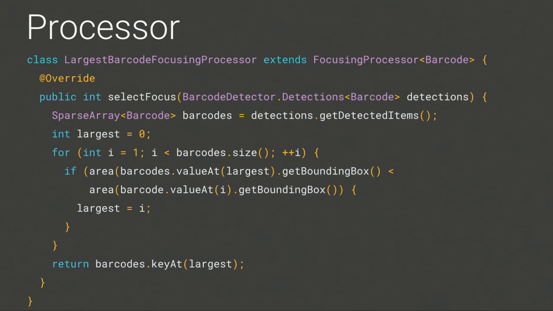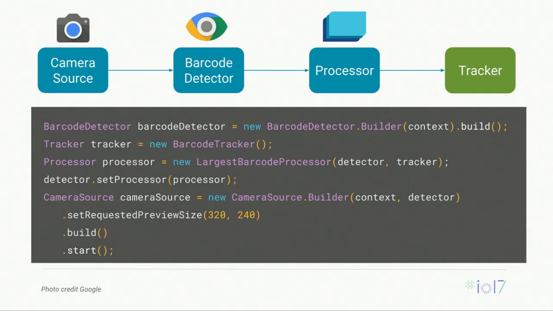After that, the select focus will get called again, and then you get to select what's the next barcode you want to continue tracking. So that's it. That's how you construct a pipeline. It's very easy, 4 steps. You instantiate detector, you instantiate tracker, a processor, and then you hook it all together using the camera source.